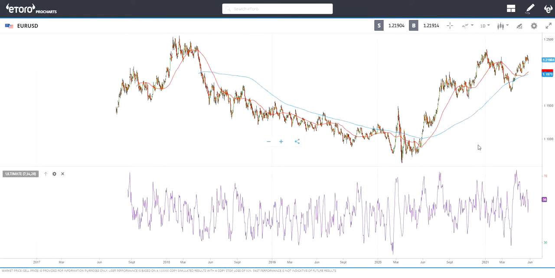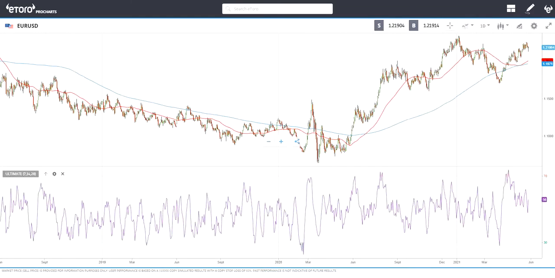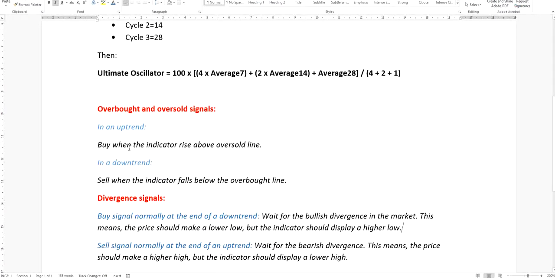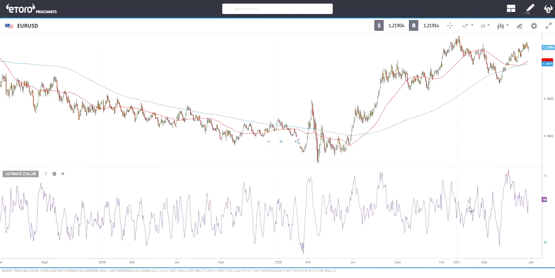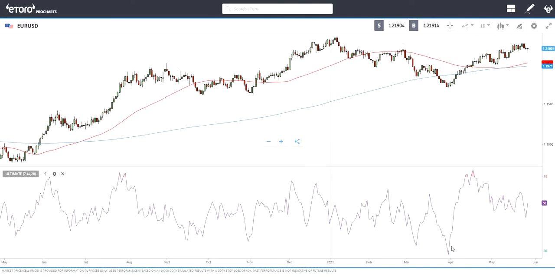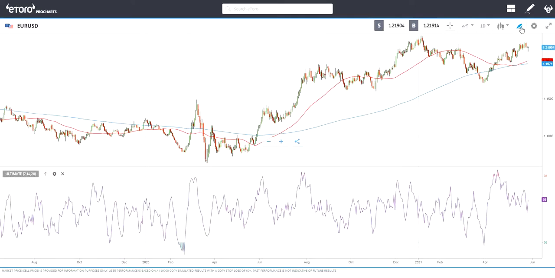Okay. So when we are in an uptrend, we should buy when the indicator rises above the oversold line. We wait for the indicator to go under oversold, which is 30.